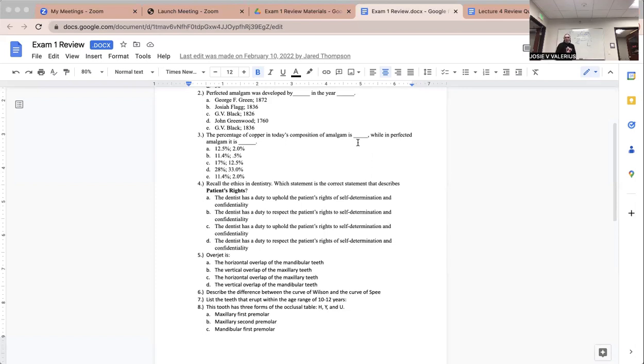Like the tooth numbers, all three systems, the Palmer, Universal, and International systems. You don't have to write every number, just 10, 20, however you want to do it.